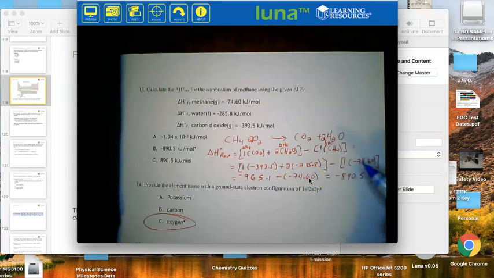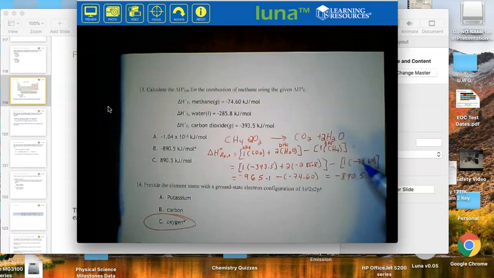Number 23, it says according to the periodic trends, which metal has the highest ionization energy? First of all, let's talk about what ionization energy is. It's the amount of energy it takes to remove an electron from a neutral atom. Lithium, cesium, and rubidium are all group 1 elements.